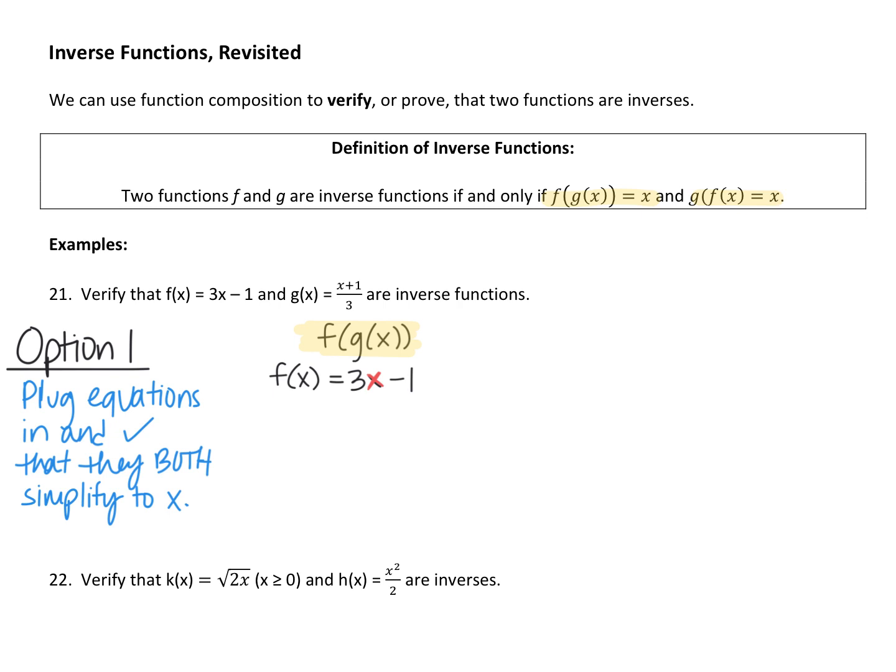So I'm doing f of x plus 1 divided by 3, which I know looks a little weird, right? It takes that spot that I've highlighted in red, takes x. So it is equal to 3 times that expression minus 1. So we'll replace it: 3 times x plus 1 over 3.